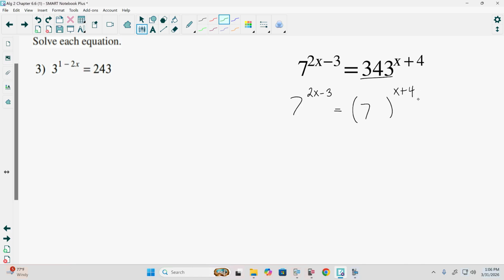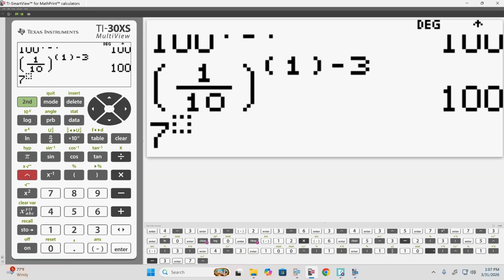Because the left-hand side kind of gave that away. Because I want to get the bases to be the same. 7's prime. I cannot reduce it. I can't simplify it further. So I'm hoping that 343 can be written as 7 to a power. What's our guess? 3 would be right.